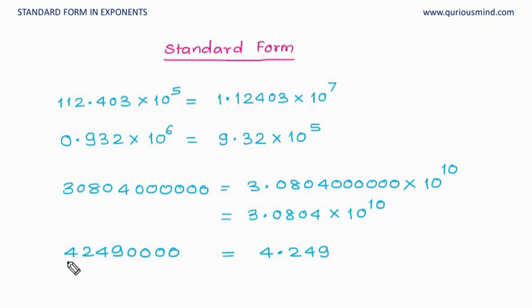So this number is big, this is small. So it has become smaller, so the power has to increase. By how many? 7. There is no power here, which means it is 10 raised to 0. So now if we have to increase by 7, 0 plus 7 is 7. So 10 raised to 7. So this is my answer, standard form.